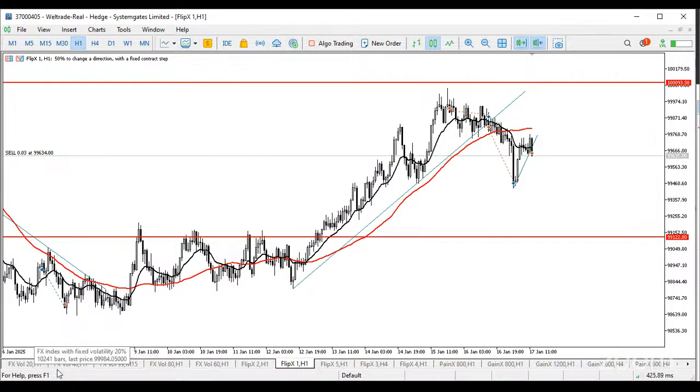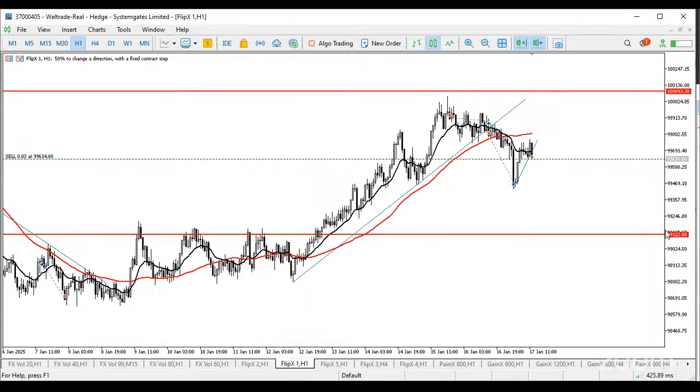If you have a small account, we recommend at least $200 and above to trade synthetics because of the volatility of this market.